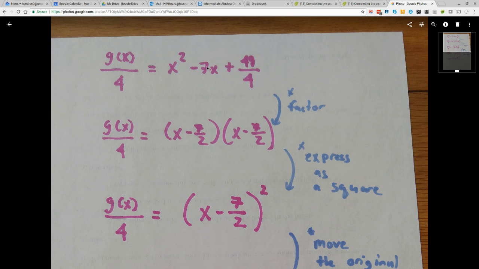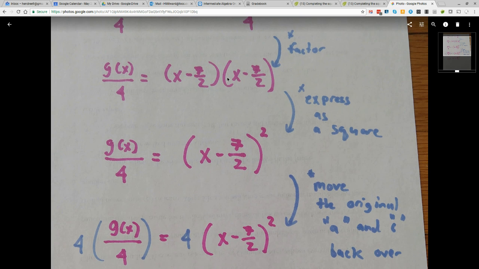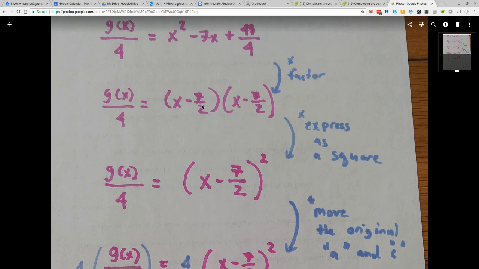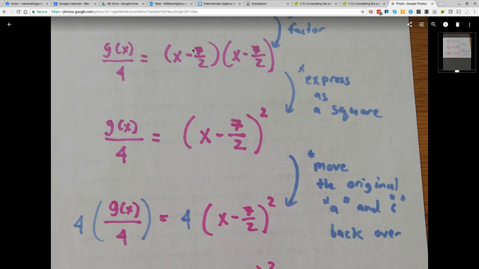Really, that's always just this number divided by 2, right? And then over here, nothing happened. It just stayed the same. Now this is why it's completing the square, because when we factor this, we end up with two of the same factors, and we're just going to express that as a square. This times this is just this thing squared.